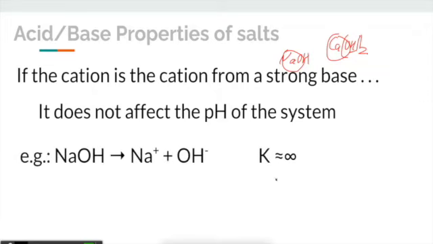Here's an example, sodium hydroxide. Essentially it is a one-way reaction. It's going to completely ionize or dissolve to Na plus and OH minus.